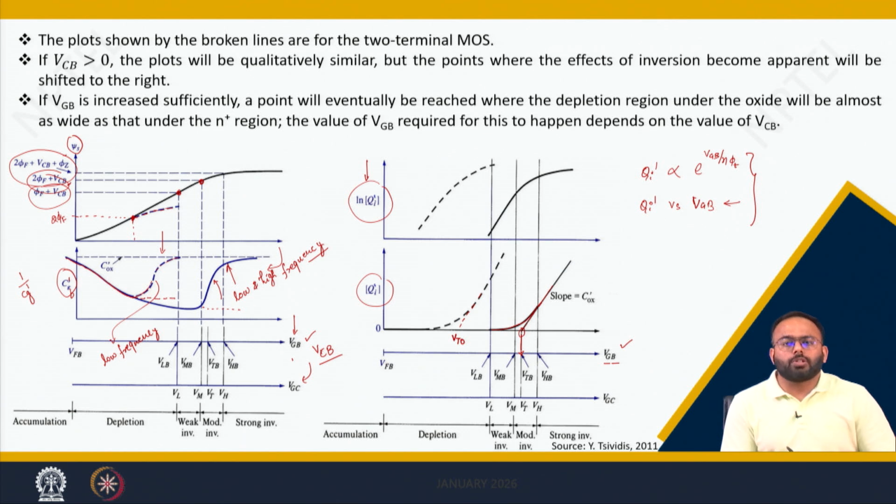In the earlier case we had only the gate-to-body voltage, with no C-to-body voltage, so we used the notation Vt naught. But now we have 2 voltages connected with reference to the body, so to differentiate we introduce a new term, Vtb. Vtb means this voltage is measured with respect to VGB.